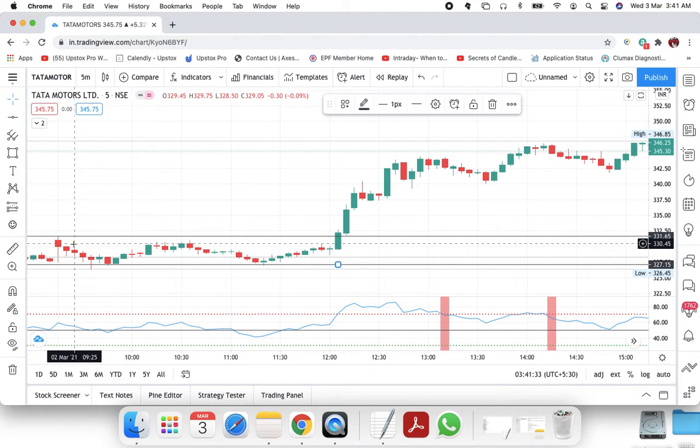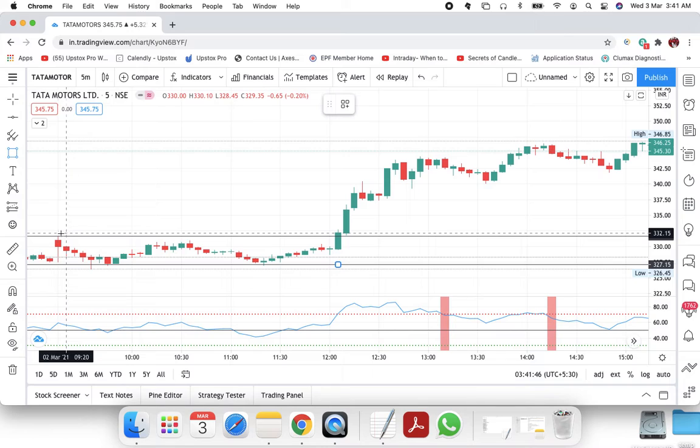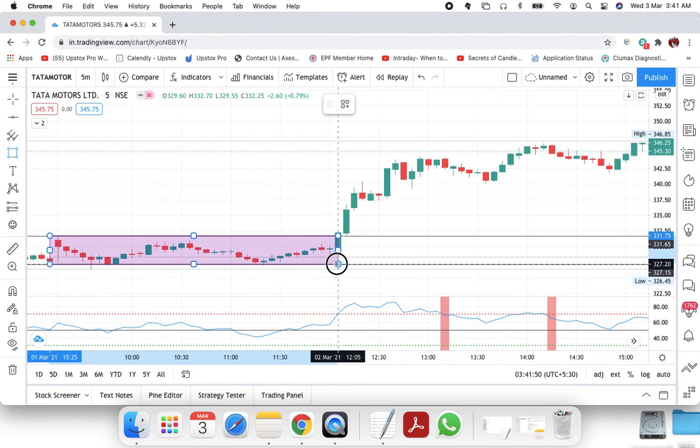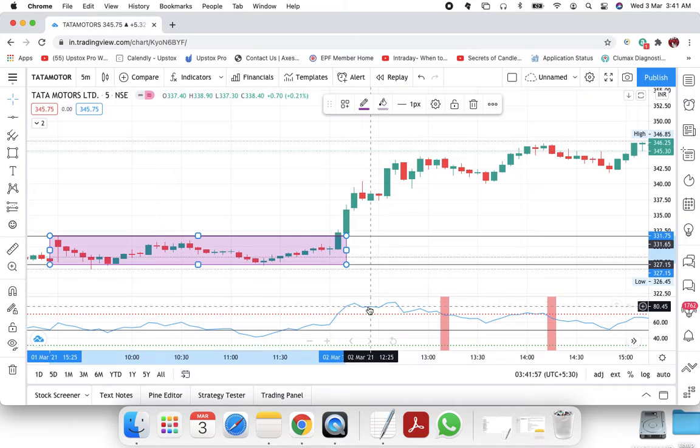It means we can expect some breakout. So we expected some breakout, so we identified the high and low, and it is marked. So let me highlight this range area. So this is our range area.